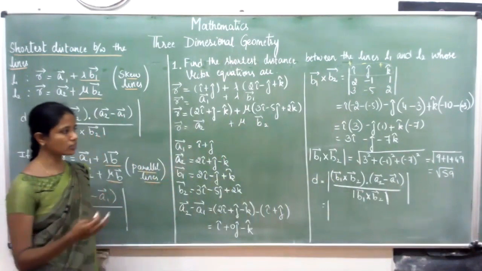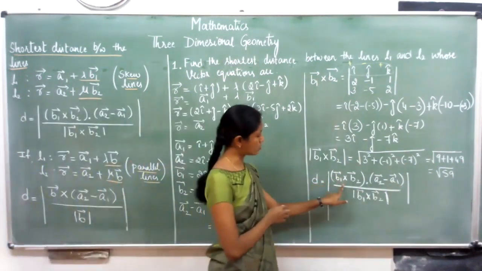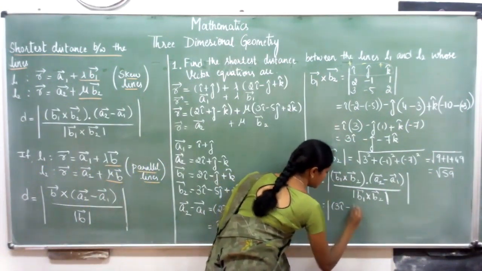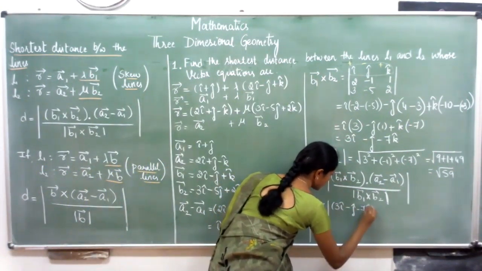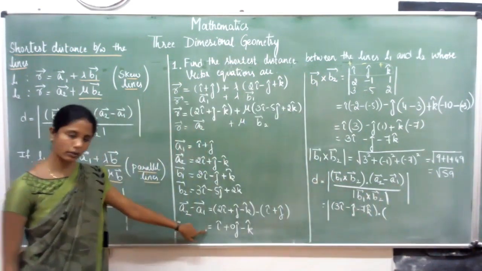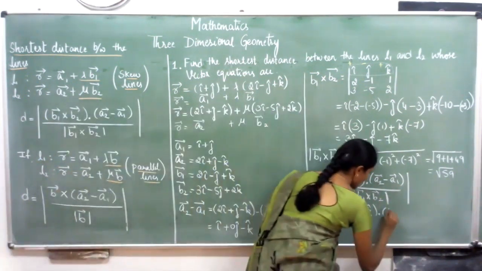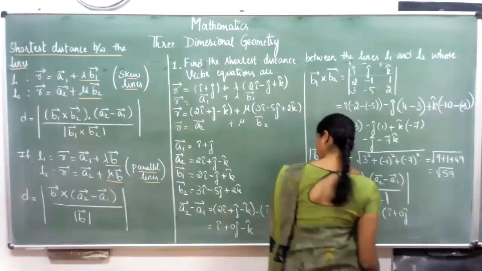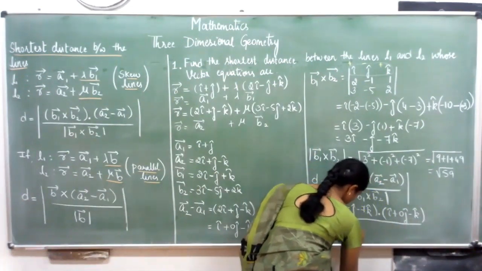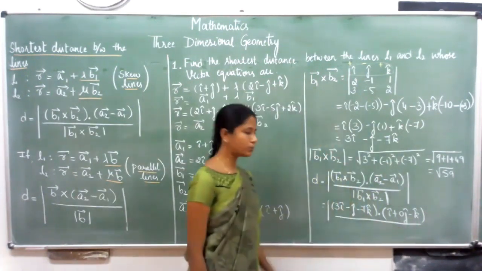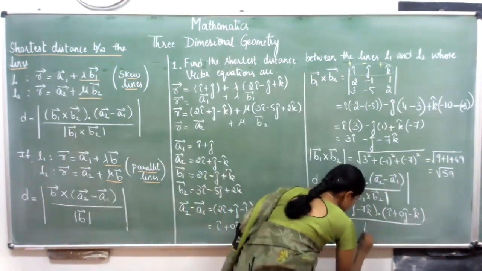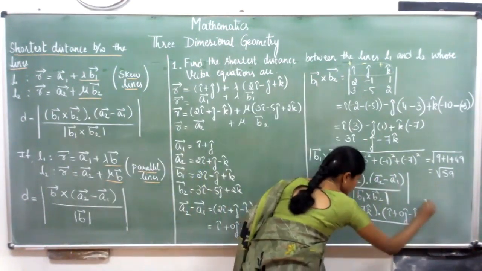Vector v1 cross v2 is given by 3i cap minus j cap minus 7k cap, dot vector a2 minus a1. We found that vector a2 minus a1 is i cap plus 0j cap minus k cap, whole divided by the magnitude of vector v1 cross v2, whose value is root 59.